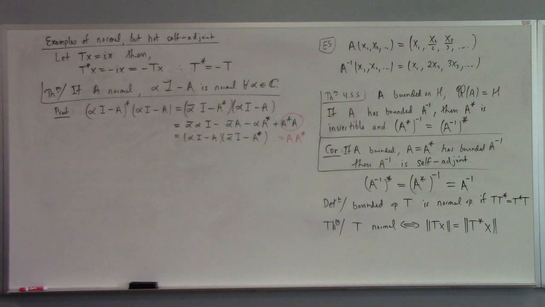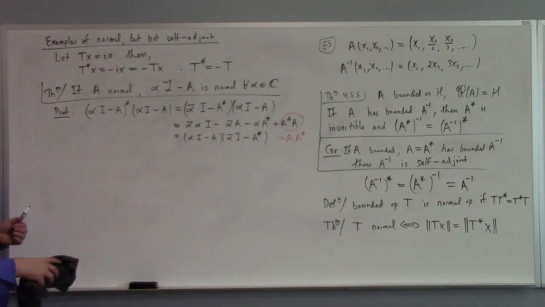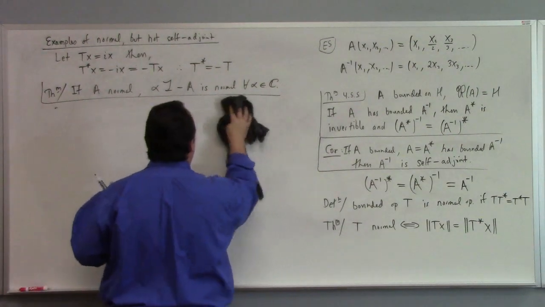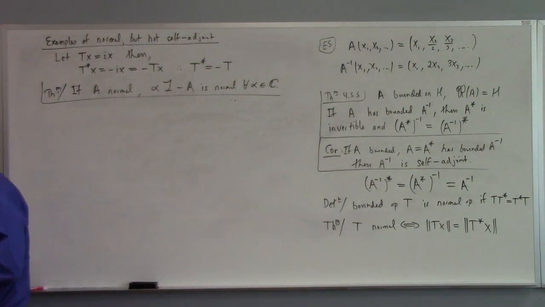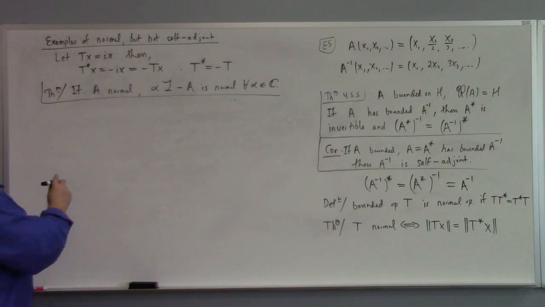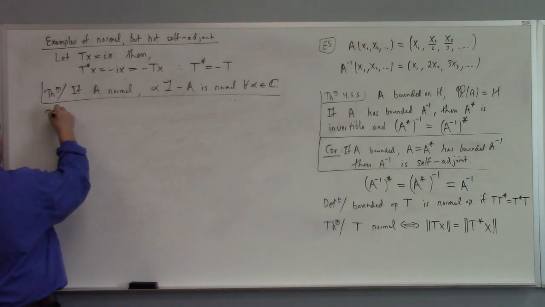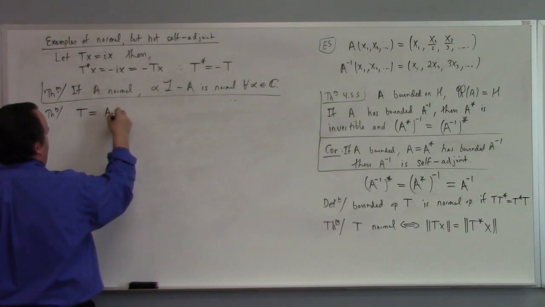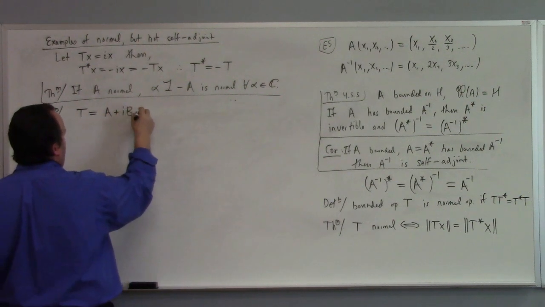Theorem. Let T be a bounded operator in a Hilbert space. Let A and B be the self-adjoint operators which decompose T. Then T is normal if and only if A and B commute. Ooh, interesting. So, I'll just write the interesting part: T equals A plus IB.